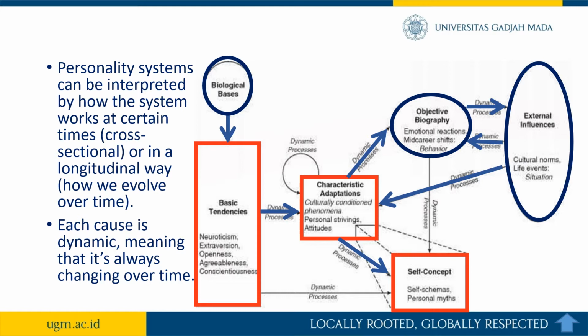So there is a kind of evolution in our personality over time. There are changes, but whether it's a big change or not so much, that depends. We'll talk about that later. And each cause is dynamic, meaning that it's always changing over time.